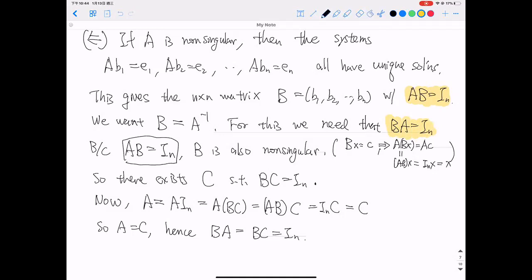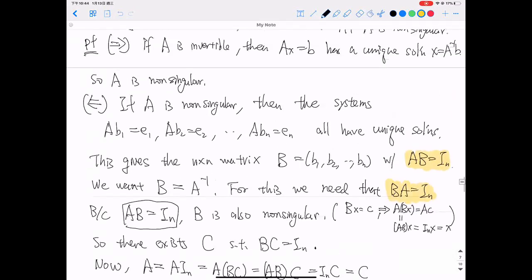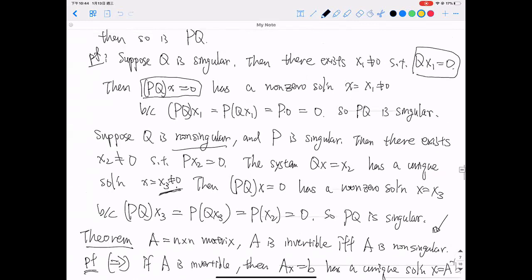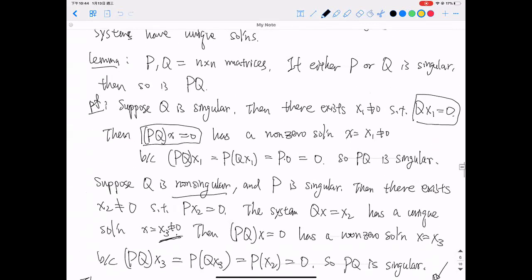All right. So you may ask where we use the lemma. The lemma was to say that if you have two matrices, one of them is singular, then the product is singular. So conversely, if PQ is non-singular, then P and Q are non-singular by contrapositive.